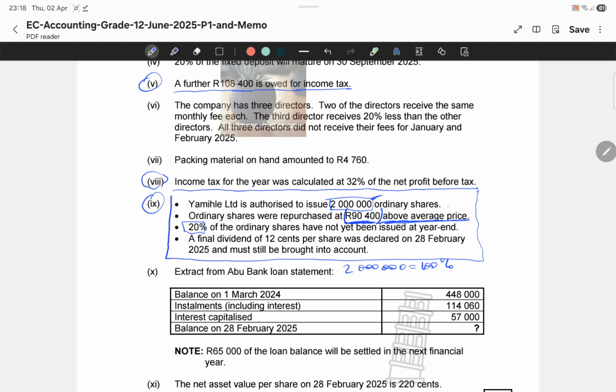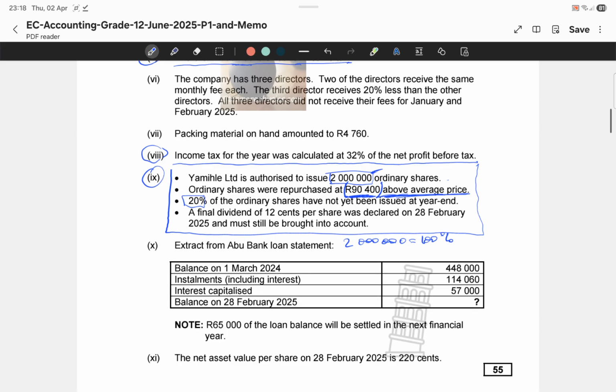So we are going to say 2 million multiplied by 80% to see exactly how much were issued at the end of the year. It's going to give you 1,600,000. Okay, let's leave it like that.